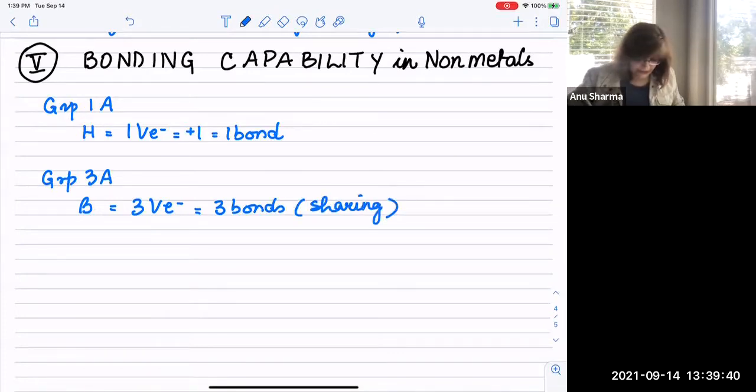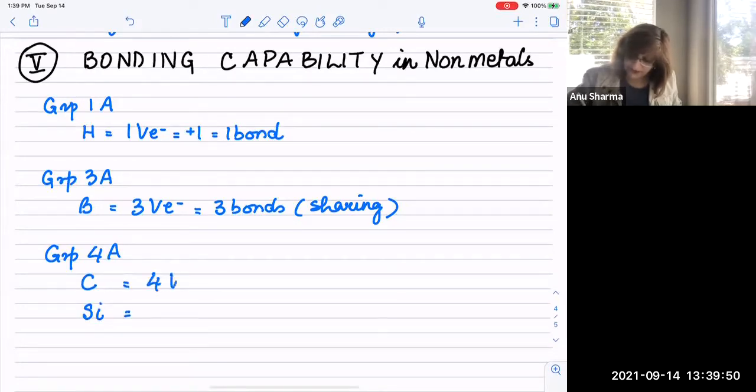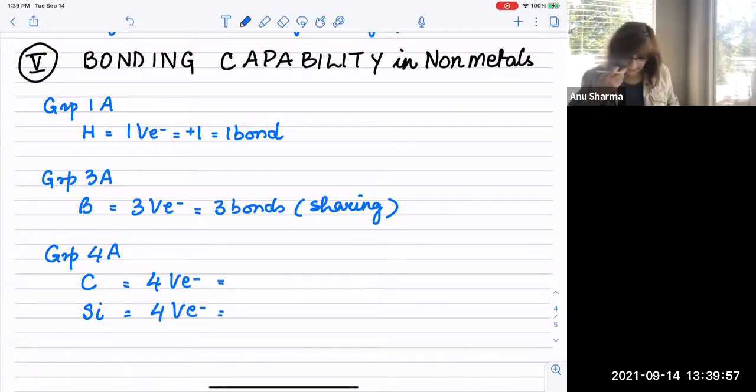Okay, next is, let's look at group 4A. So group 4A, we have carbon and we have silicon. These are the nonmetals. So carbon and silicon each have 4 valence electrons, so carbon and silicon will form 4 bonds.